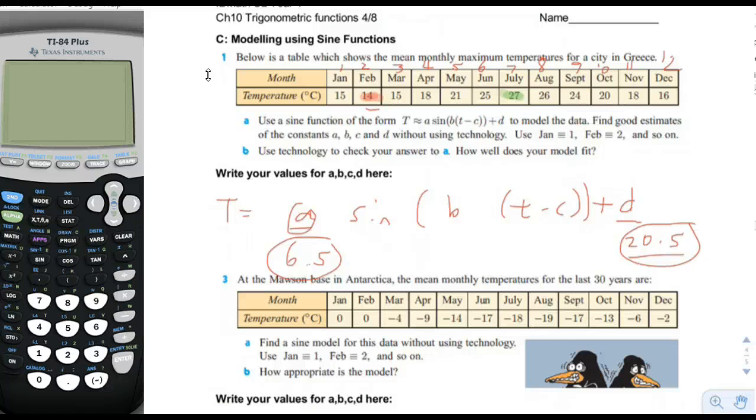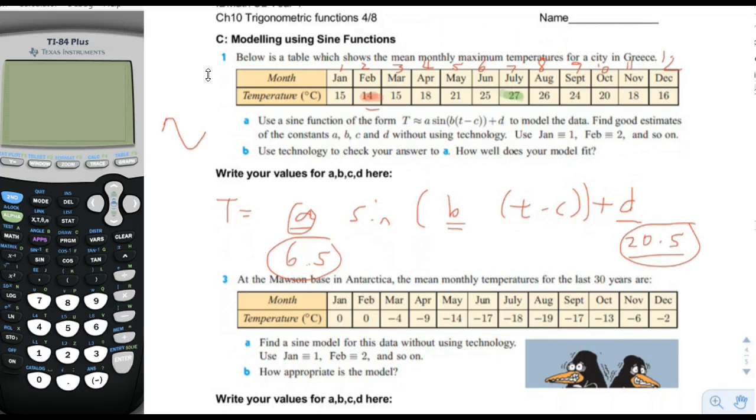Okay, and then the only other thing that we need to do is figure out the b value. Okay, so the b value is related to the period, right? And the period is related to the time it takes to go from the min to the max, right? So let's draw a sine wave.